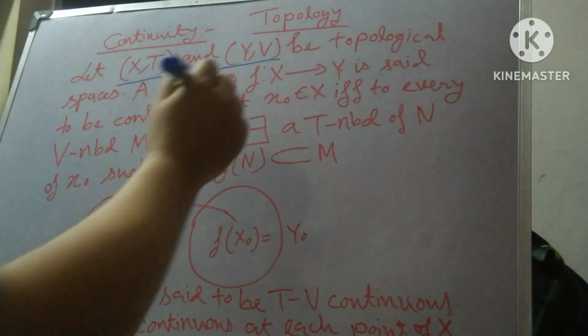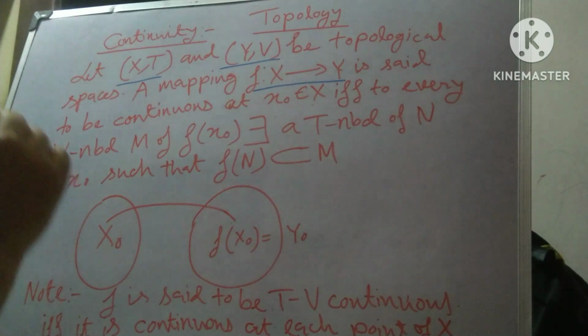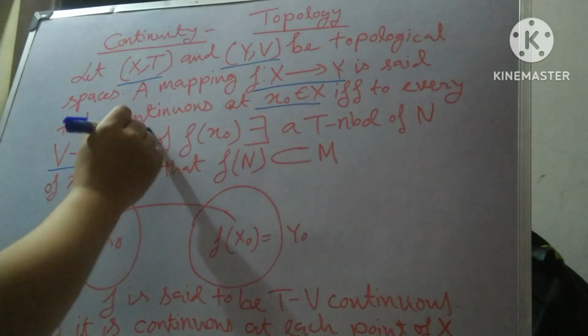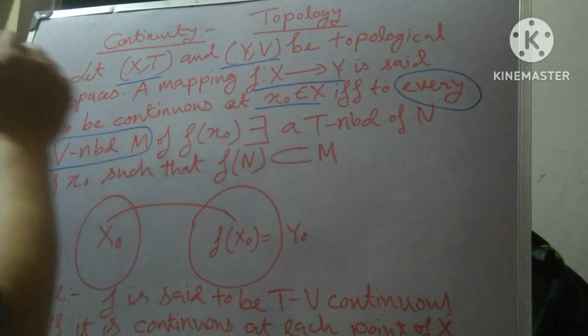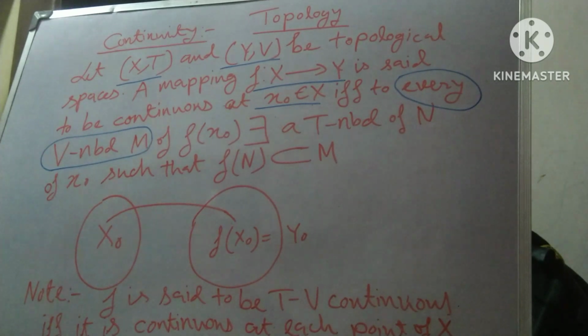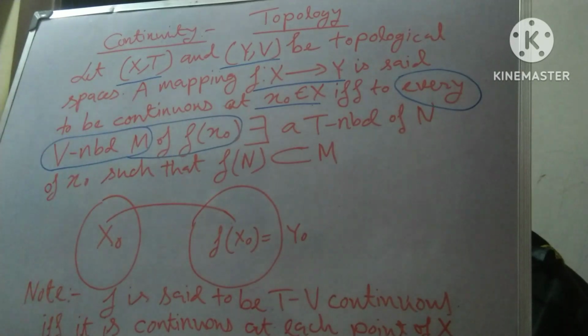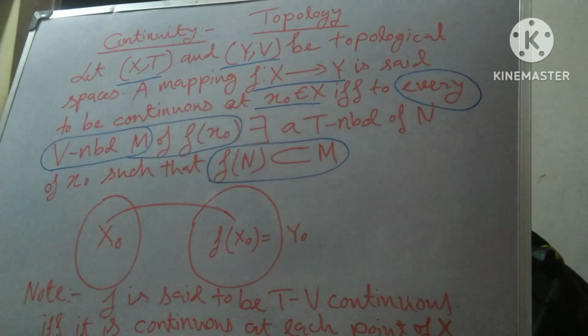A mapping f from X to Y is said to be continuous at x0 belonging to X if and only if for every V-neighborhood M of f(x0), you must remember this point, there exists a T-neighborhood N of x0 such that f(N) is a subset of M.